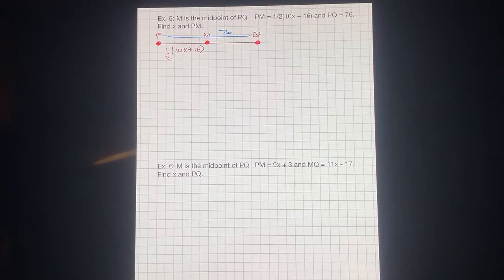So without doing anything else, I'm going to take that equation, 1/2 of 10x plus 16, and because both sides are congruent, meaning PM is congruent with MQ, I know that I can add 1/2 of 10x plus 16 twice, and the sum of both has to give me 76.